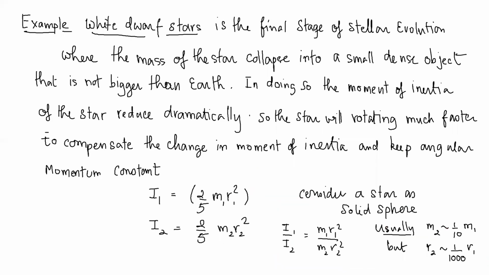I will give you an example that is a little bigger, which is white dwarf stars. A white dwarf star is the final stage of stellar evolution. It is actually the corpse, or the ending, of most normal stars that are not much bigger than the sun.